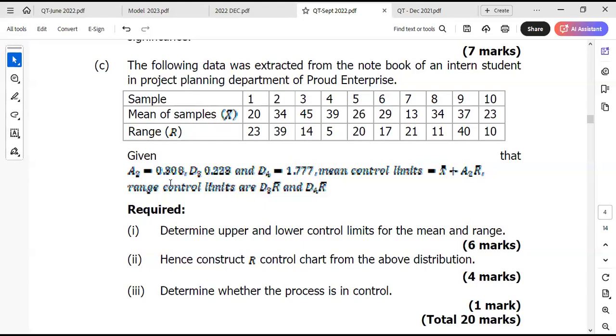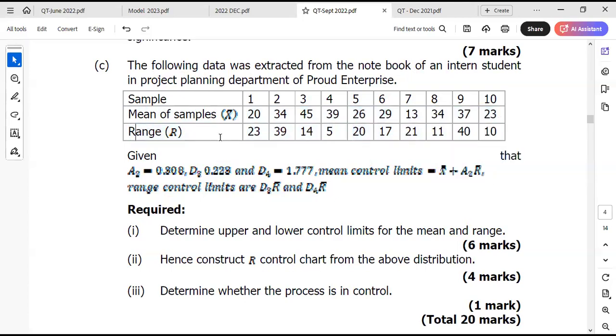Are you seeing what you're given? They are telling us that the following data was extracted from the notebook of an intern student in a project planning department of Proud Enterprise. You have mean of samples. Now here you're given the mean directly, the mean for each sample.